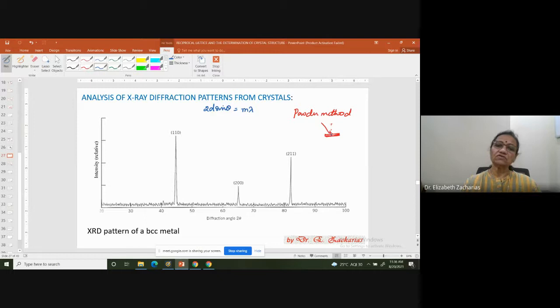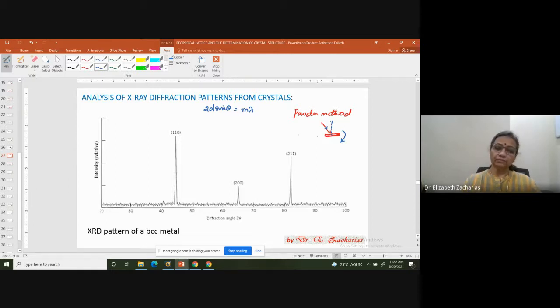Here the X-ray is coming like this, and the incident angle is here. You will be rotating the sample. By rotating the sample, you are changing the angle between the X-ray and the material, so that different planes in the material will be exposed to the X-ray and will be able to satisfy the condition 2d sin theta equal to m lambda.